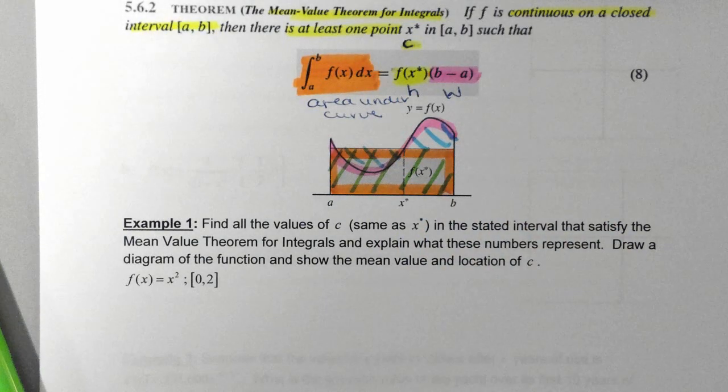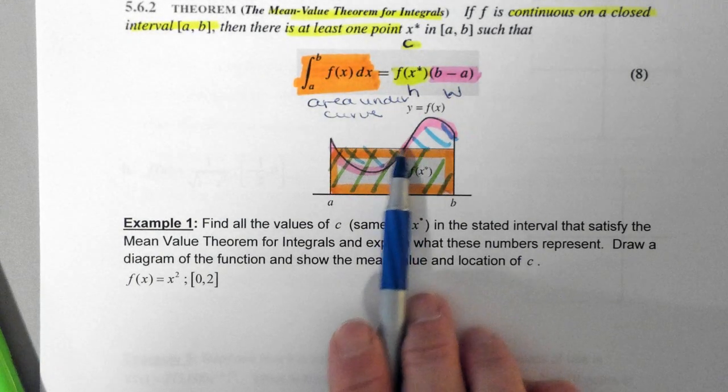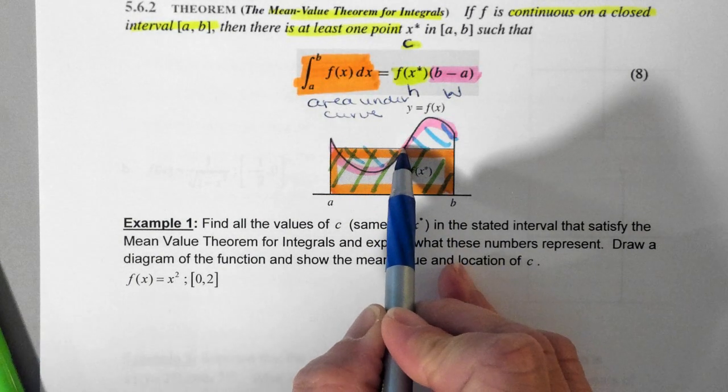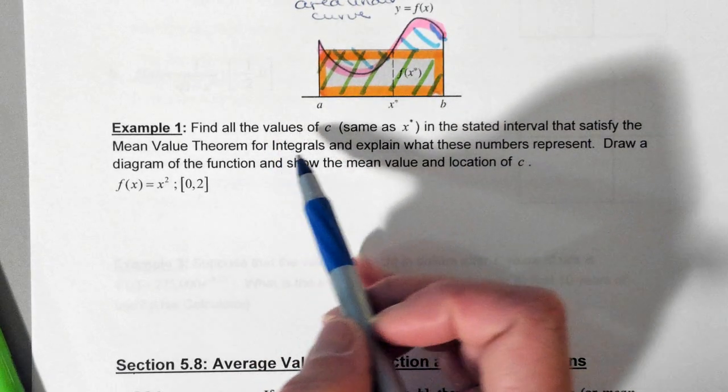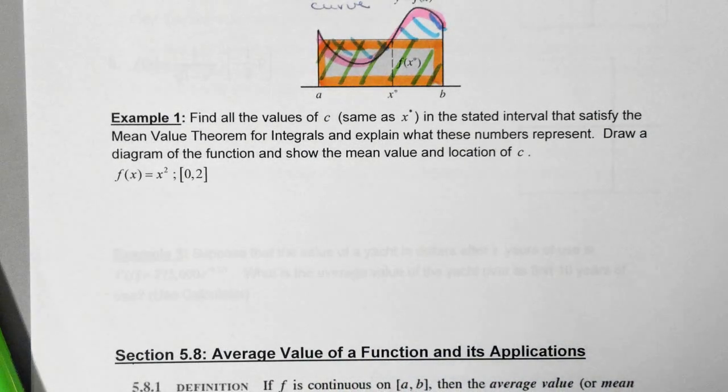So if I did, let's say, pull the curve straight, I could find the area under the curve just by using a rectangle. So they're looking at where does that happen. There's this breaking point here. Okay, so here's where you would see the question. It would say find all values of c, same as x star.